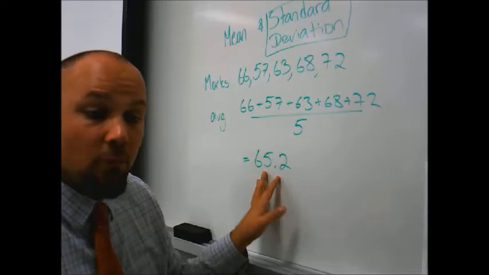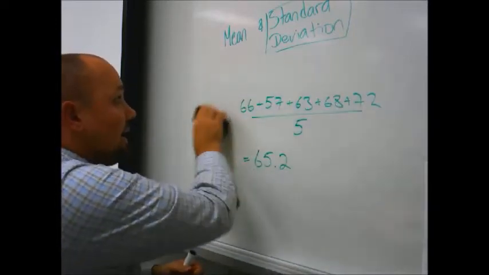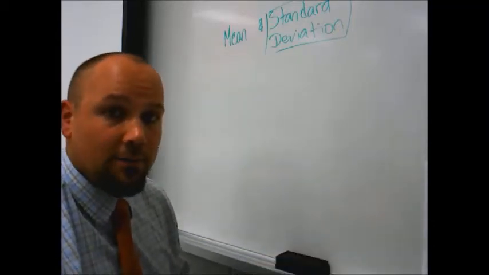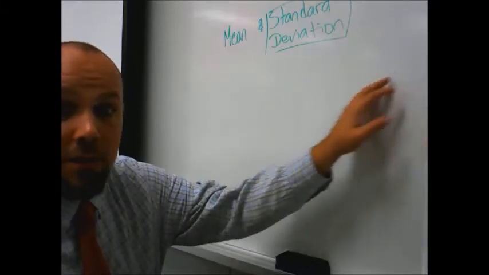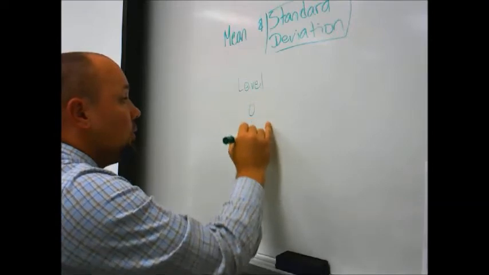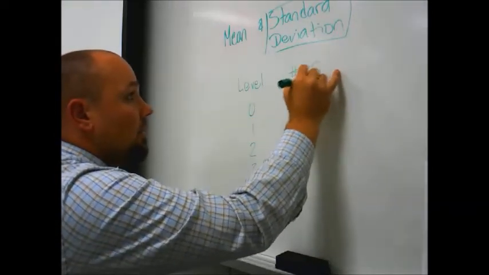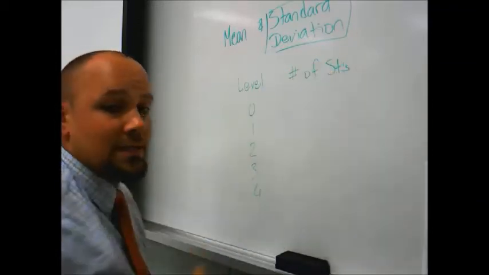Before we go on to that, I also want to talk about one other thing, and that's the discrete numerical data that we have for our survey. For our survey, you don't have a list of marks. You might, for example, have levels 0, 1, 2, 3, 4, and a number of students that have that level.